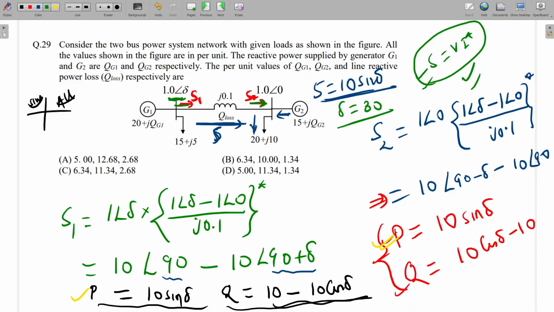Okay. Now in the second case we can calculate reactive power Q1. What will be the Q1 value? Q1 means this one, 10 minus 10 cos delta. So Q1 will be 10 minus 10 cos 30.